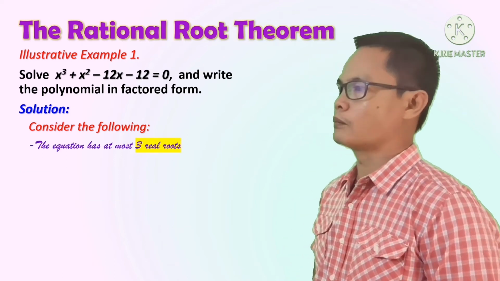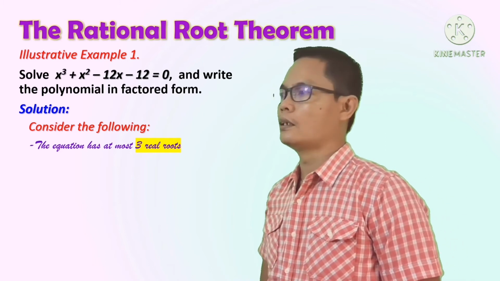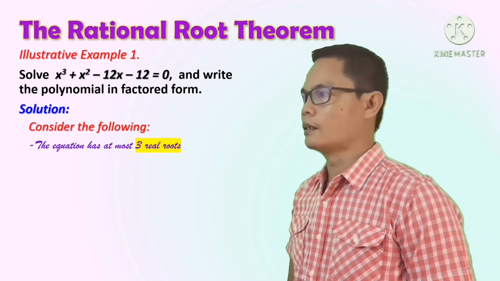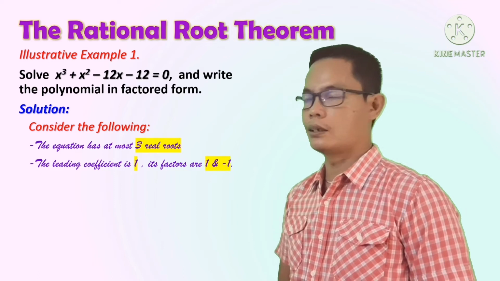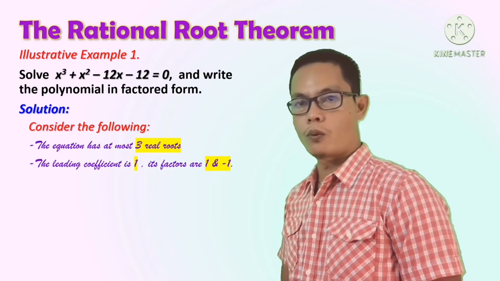The equation has at most 3 real roots. This given is a third degree polynomial, so we are expecting 3 real roots. The leading coefficient is 1, and its factors are 1 and negative 1.